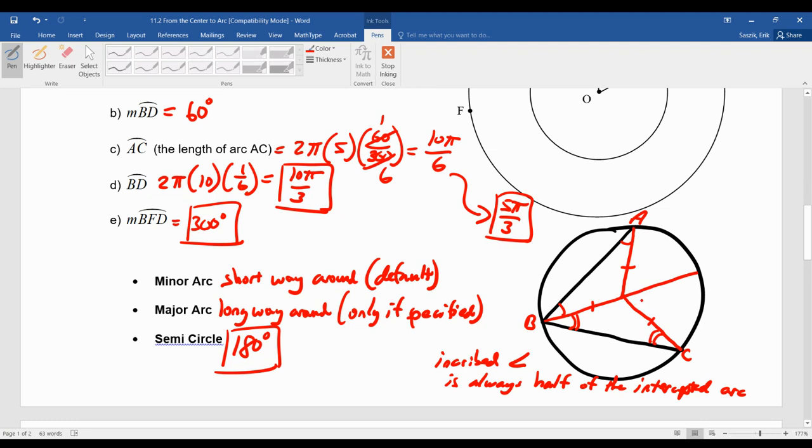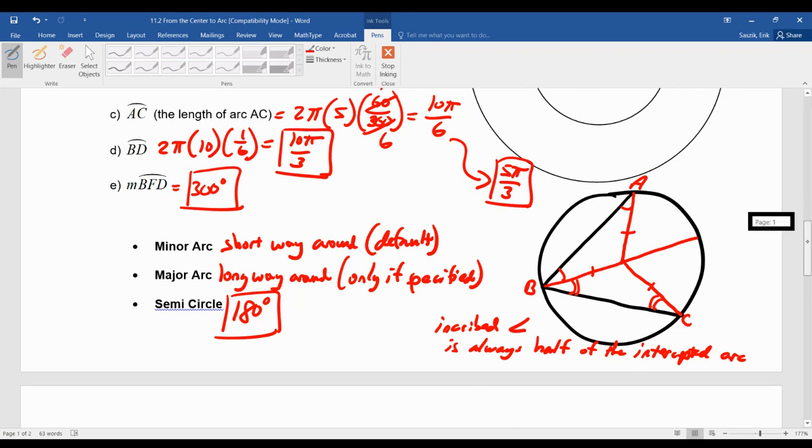So this angle here has to be half of this. And then this, of course, is equal to that. So this whole angle here has to be half of that arc. That's an inscribed angle. We'll talk more about inscribed angles later on, but you need a little bit of that right now.